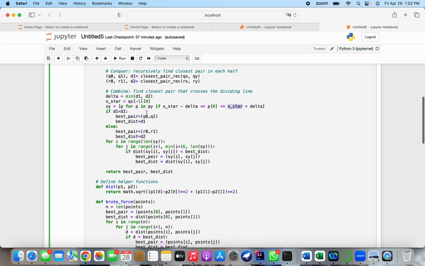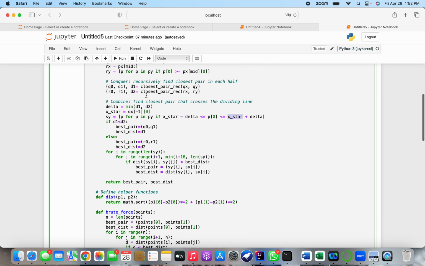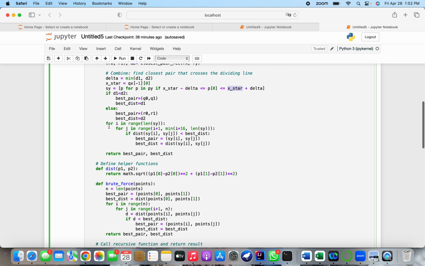From these two pairs, whichever is the closest, we take as the best pair and the best distance. Then among those sorted points we check whichever has a distance less than the best distance, and that becomes the best pair and best distance. We only check the next 15 points, because beyond that the distance would of course exceed delta.